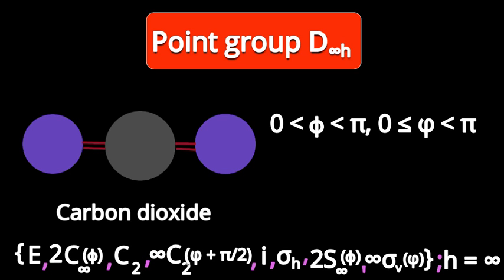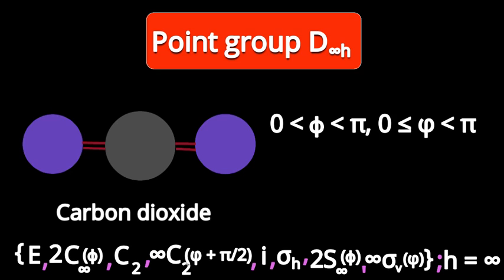Center of inversion operation. Horizontal plane, reflection operation. Double the S infinity operations with angle of variation phi, and infinite number of vertical planes with angle of variation psi.